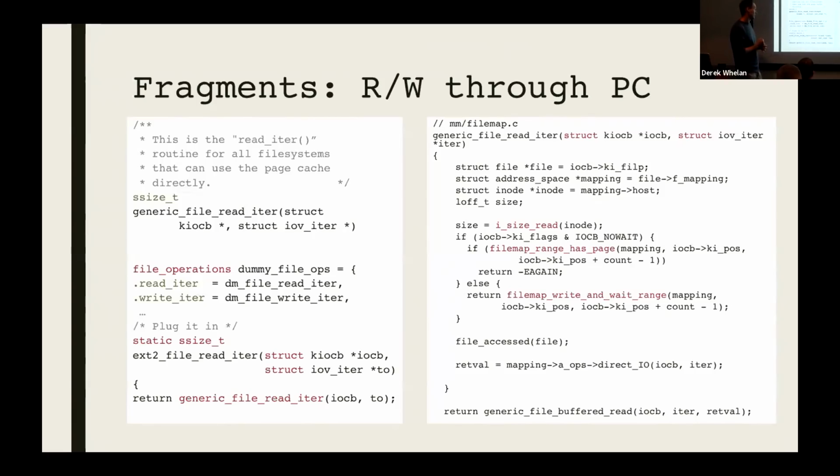The extended file system and XFS are all using generic file read under the hood. There are some other parts, like currently there are a lot of ifdefs with DAX and other things, which at some point will probably also be merged into those generic interfaces.